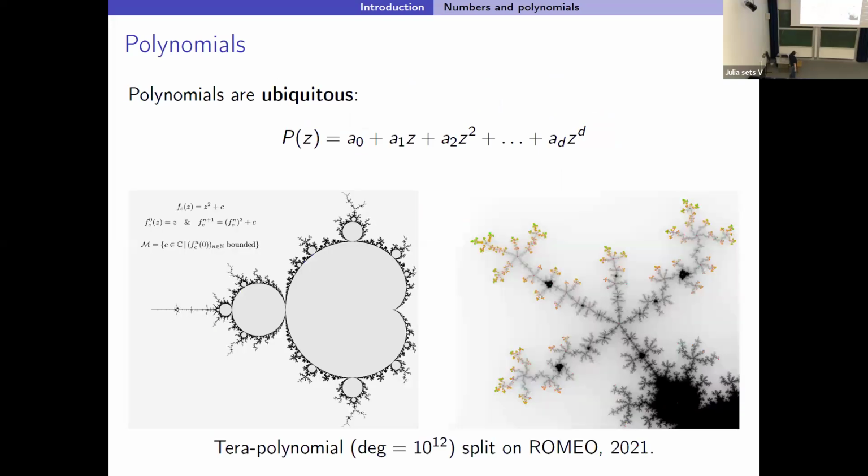But actually, I will stop for an advertising break about our work on the Mandelbrot set. We have split those polynomials that give the critical orbit to find the centers of hyperbolic components and some Misiurewicz-Thurston parameters. So we have all the centers up to period 41.